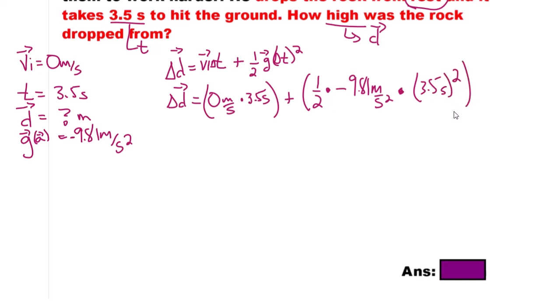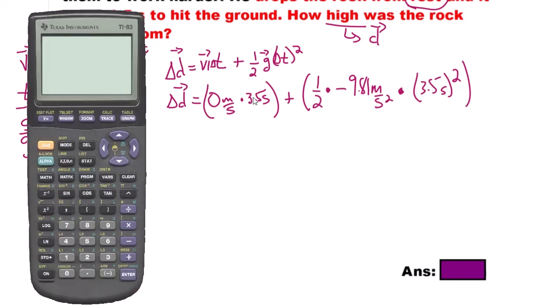Now I'll load up my calculator and let's plug this in. Now you notice I put brackets around each of my terms here. That's going to help me to organize them and make sure my calculator deals with this properly. So 0 times 3.5, close my bracket, plus 1/2. Now I can write it in as 1/2. If I do, I need a little bracket for it.